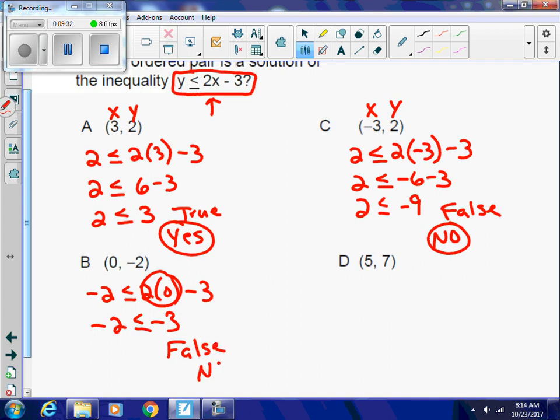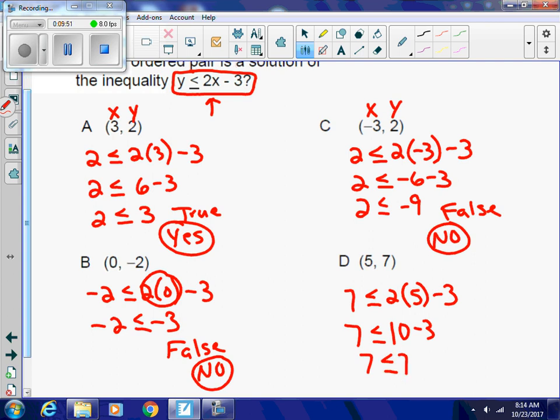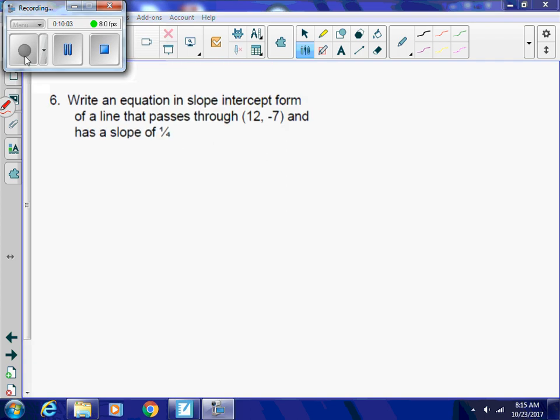So the answer to this one is also no. And the last one, 7 is less than or equal to 2 times x, so 2 times 5 minus 3. 7 less than or equal to 7? Well, since it has the equal sign underneath, it can be equal, so this is true. And the answer is yes.